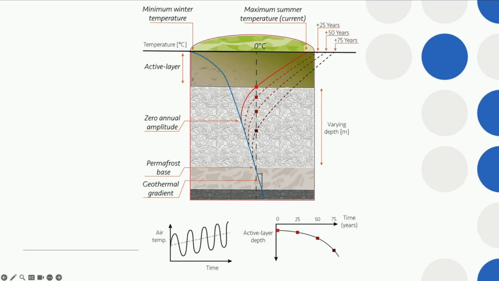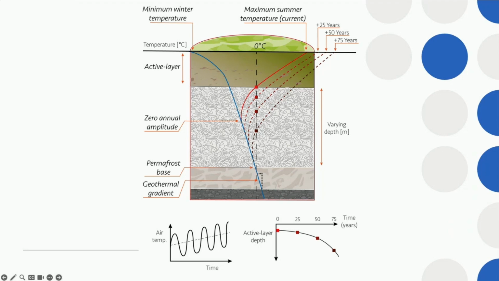Over the last 50 years, we can see that there's a gradual increase in air temperature. If you project it even further on, you can see that over the next 10 years, the active layer deepens until you reach the base of your permafrost, and then your entire permafrost will be gone.